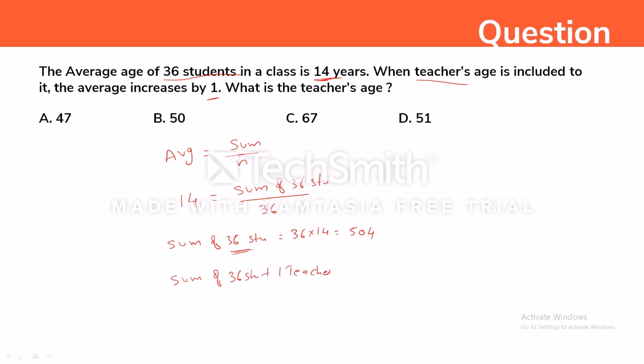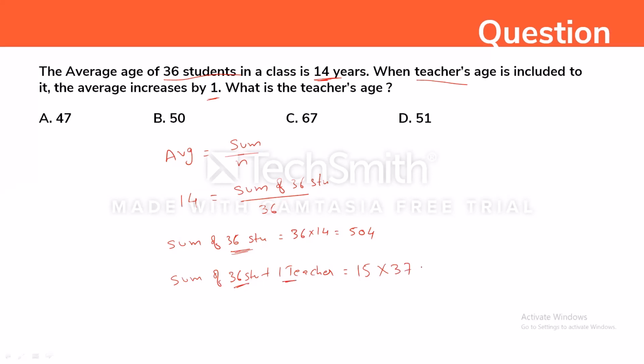Initially the average is 14, now it is increased by 1 when the teacher's age is added, so the average is 15 years. And can you guess the count? Is it 36? No, initially 36 students plus one teacher, so the count is 37.